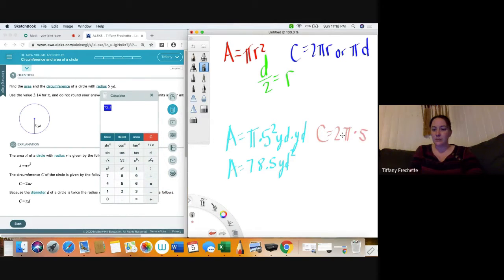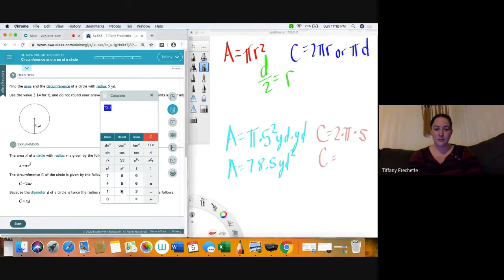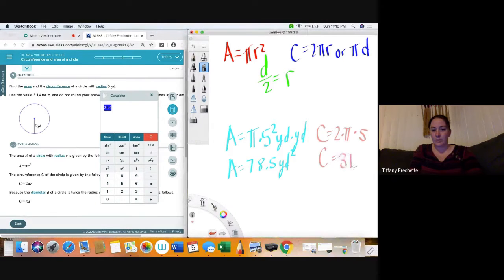So 2 times pi times 5. So C equals 2 times, they want us to use 3.14, times 5. You get 31.4, and that's just yards.